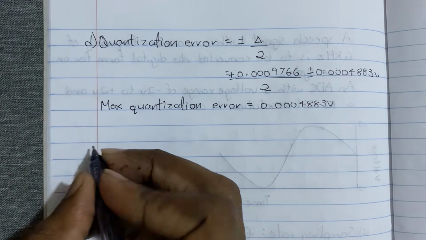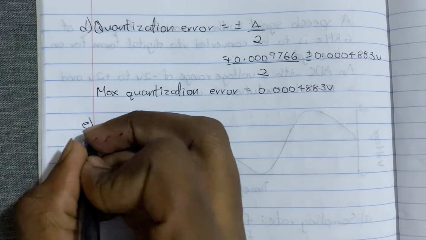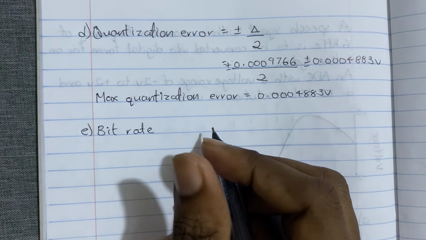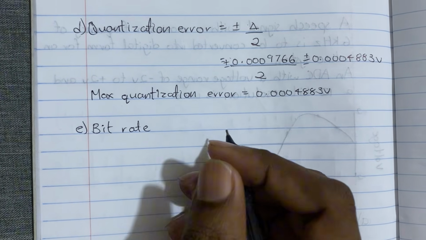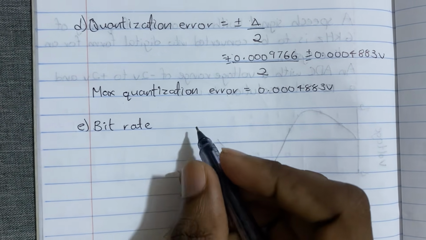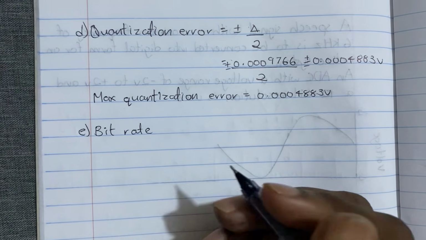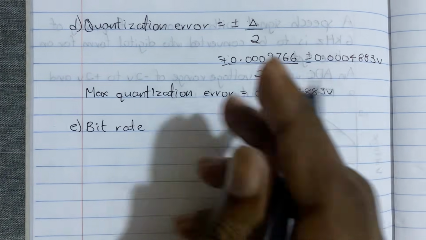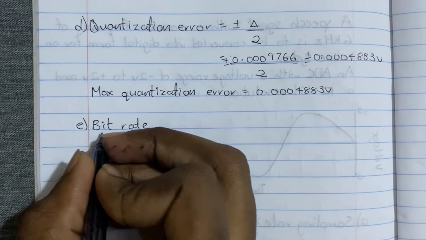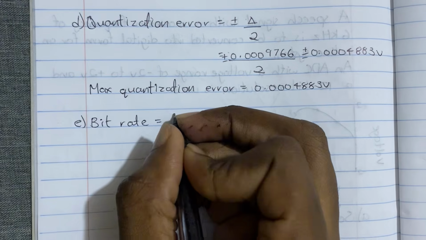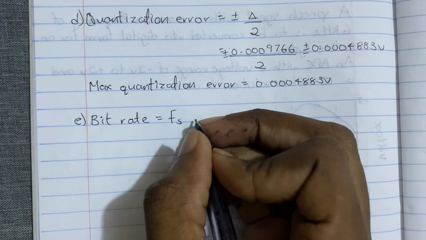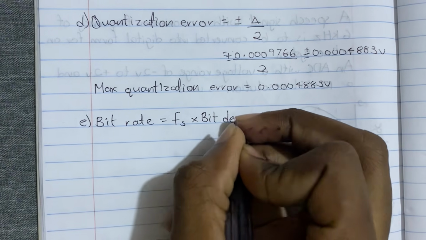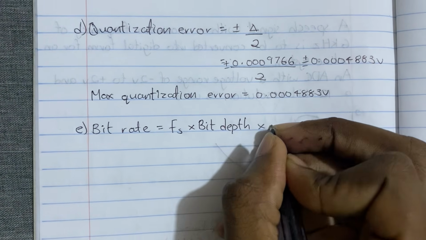Okay, now let's find the bit rate. Assuming that it's a stereo system, stereo has 2 channels, left and right. Our bit rate is given by our sampling frequency times the bit depth times the number of channels.